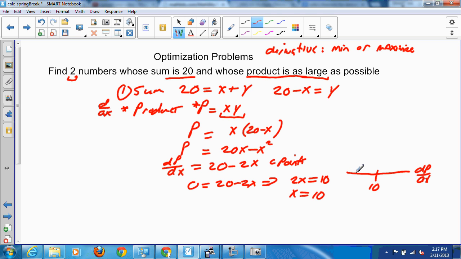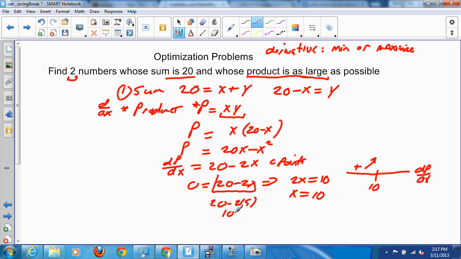To the left of this, if we have, let's say, a value like 5, we have 20 minus 2 times 5, which gives us 10, right? That's clearly positive, so we're going to indicate that the function is increasing here.